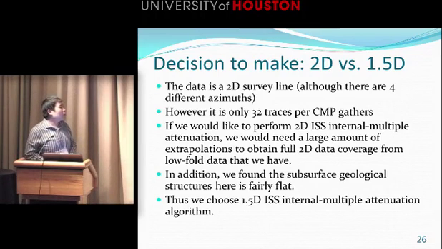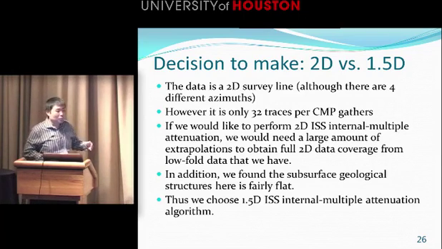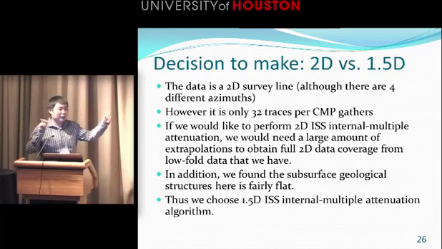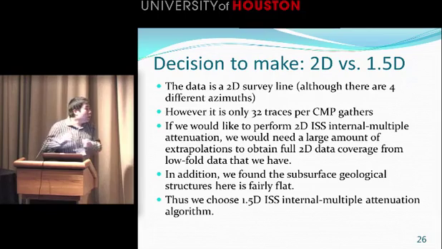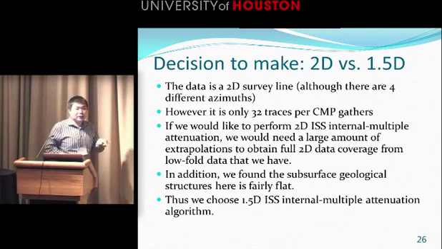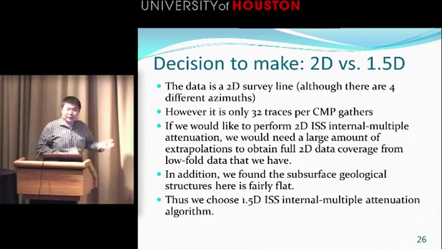If we want to use the 2D ISS internal multiple attenuation, we need a full coverage geometry, meaning that from each source station to each receiver station, we should have a trace. But we have very limited fold for each CMP gather, only 32 traces for each gather. That means if we want to obtain the full coverage geometry, we need to do a lot of extrapolation.